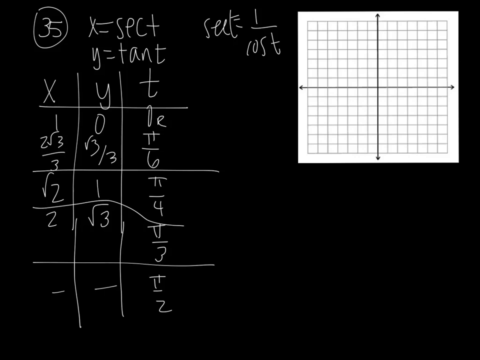So you plot these points, you get 1, 0, 2 root 3 over 3, root 3 over 3, something like that. And they go out like that, so on. So you're going to end up with a hyperbola here and here. The way you can prove that is maybe don't draw in the graph.